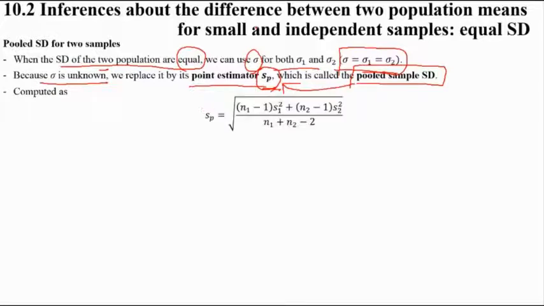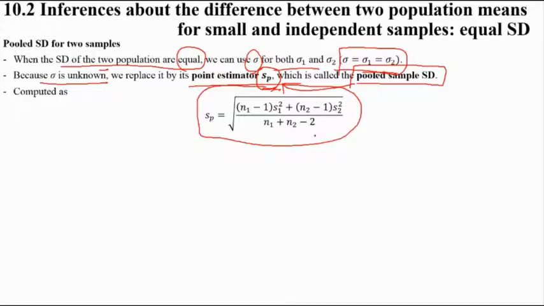So how do we calculate it? This part you should memorize. The pooled standard deviation is the square root of n1 minus 1 times S1 squared plus n2 minus 1 times S2 squared, all divided by n1 plus n2 minus 2. S1 and S2 are the standard deviations of each sample.